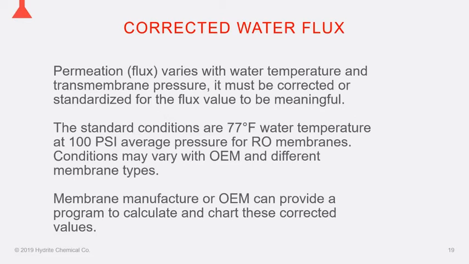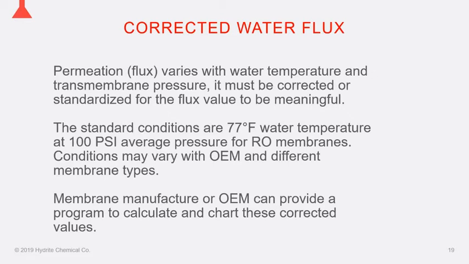As we all know, the water temperature at the plant can vary, and a lot of times they don't want to wait for it to rise from 60 degrees up to 77 degrees, or if it's too hot, to cool it down. So as long as it's a standard temperature, and if it's not, they use a correction factor to account for that temperature change. That can be programmed in.